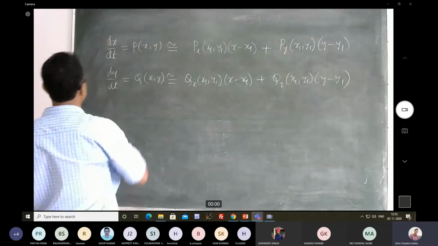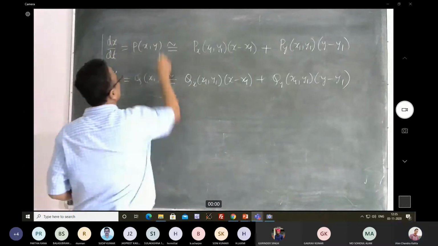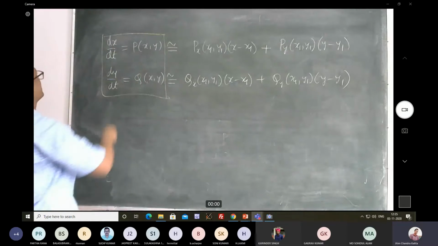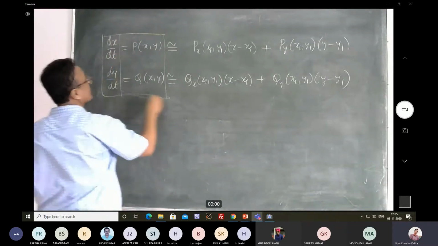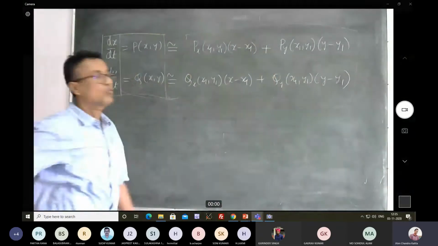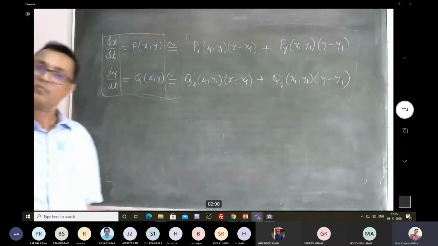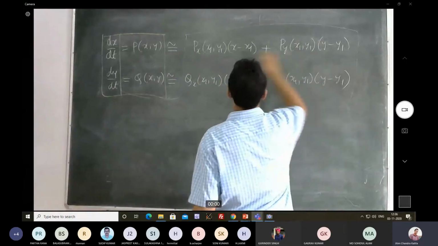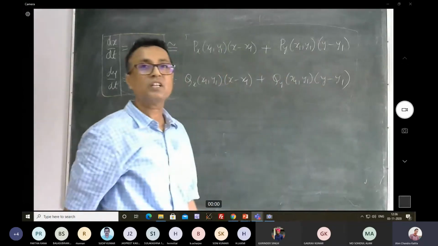So now see, this is my original system, which is non-linear, right? And this one is the equivalent linear system. Is it clear to everybody? Because here they are going to give you some linear expression in x and y.